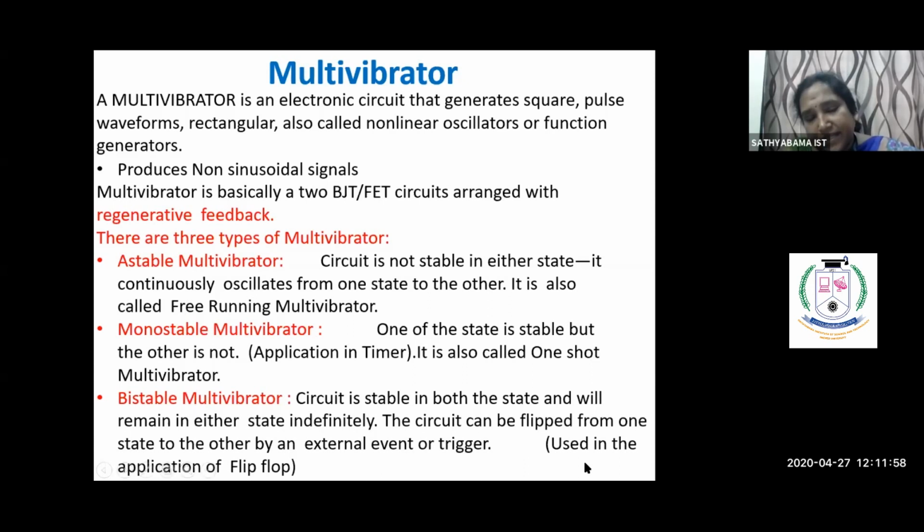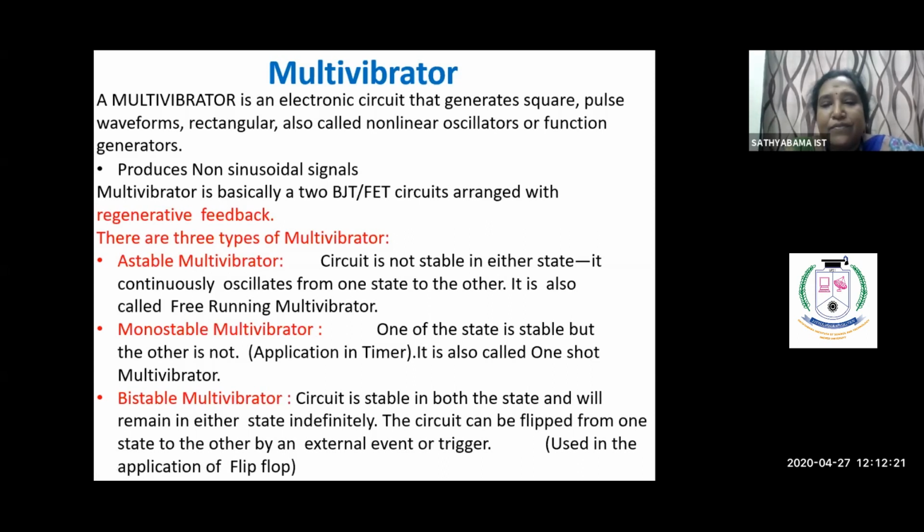And the third type of multivibrator is the bistable multivibrator. Bi means there are 2 stable states, so it is a 2 stable state multivibrator. The circuit is stable in both states and it will remain in either state indefinitely.